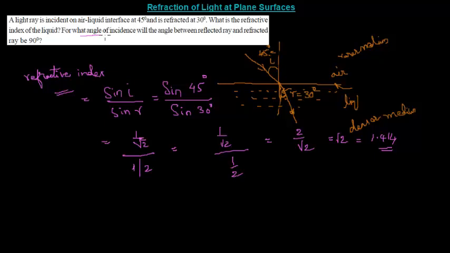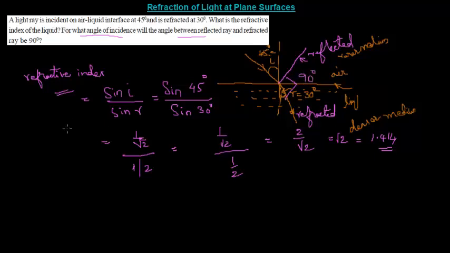At what angle of incidence will the angle between reflected ray and refracted ray be 90 degrees? So, the reflected ray will be in this way. This is the reflected ray and this is refracted ray. Angle between these two should be 90 degrees.